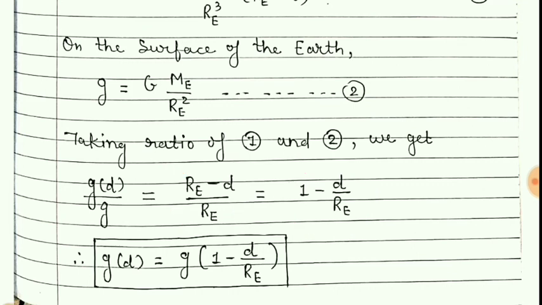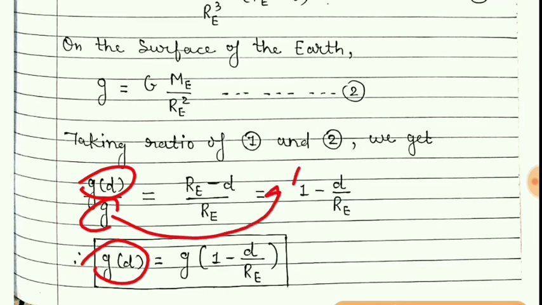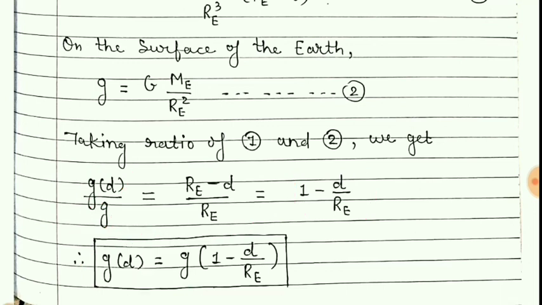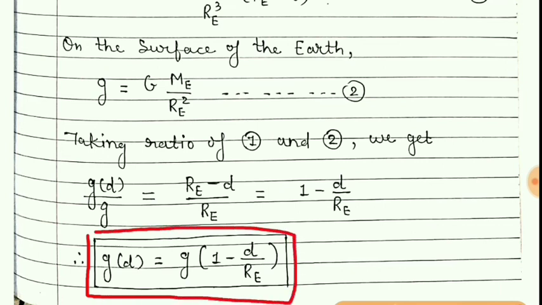Now finally what we have to do is just make g_d the subject. So making g_d the subject, this g will come here in the numerator, and so we get this formula. The formula for the acceleration due to gravity at some depth from the surface of the earth is g_d is equal to g into 1 minus d upon R_e.